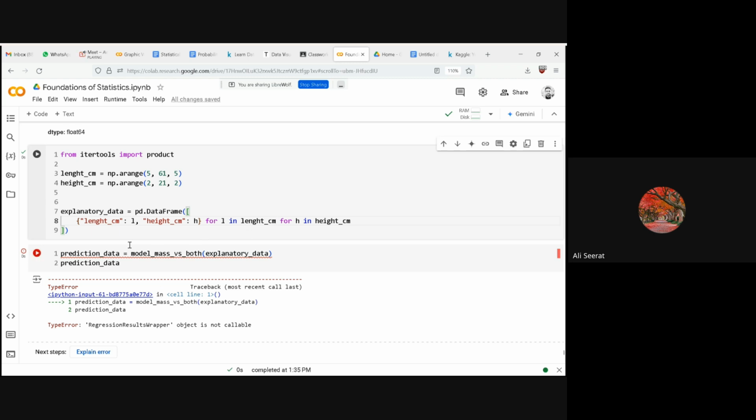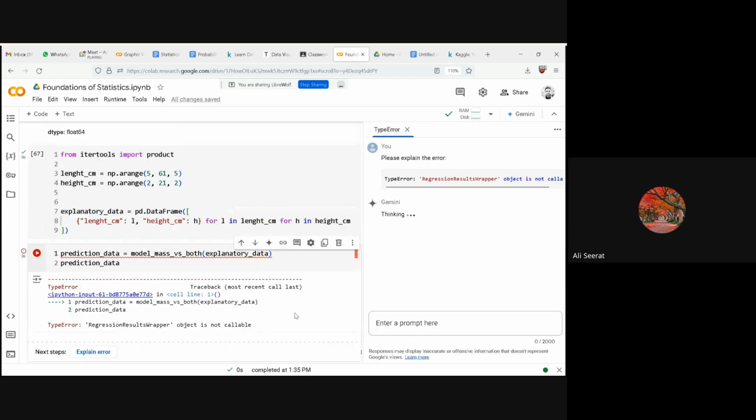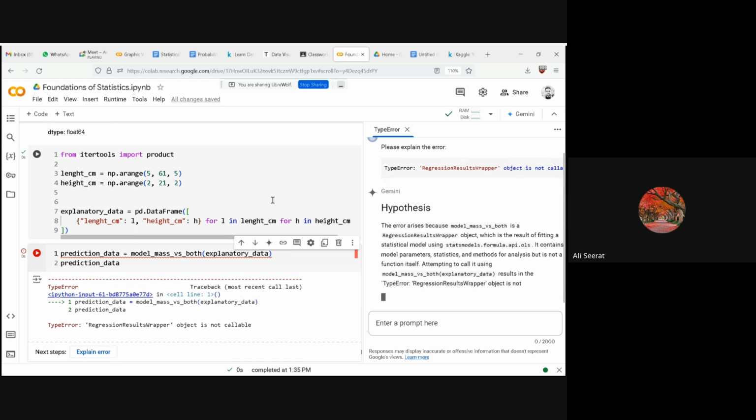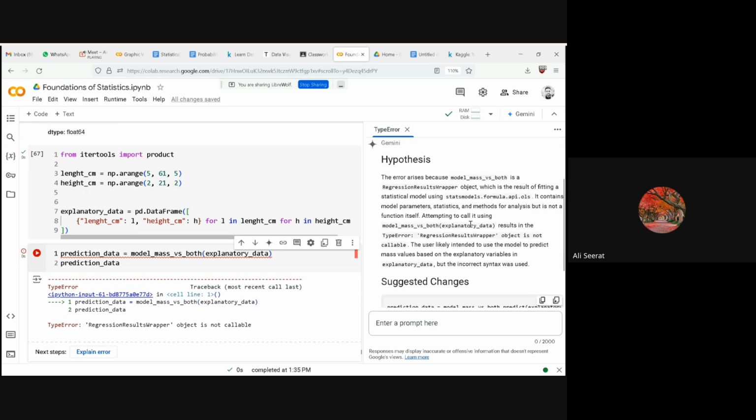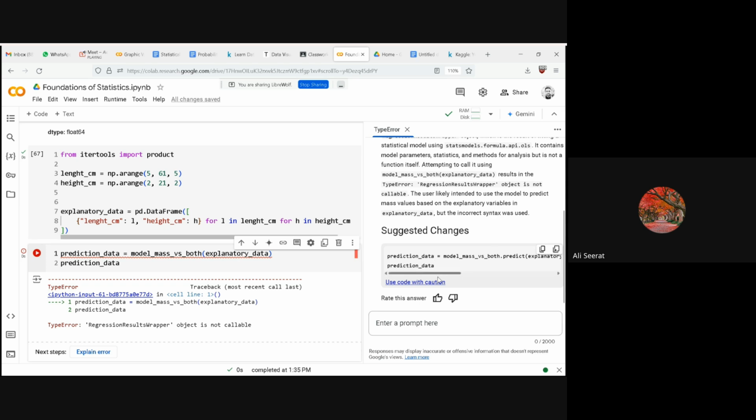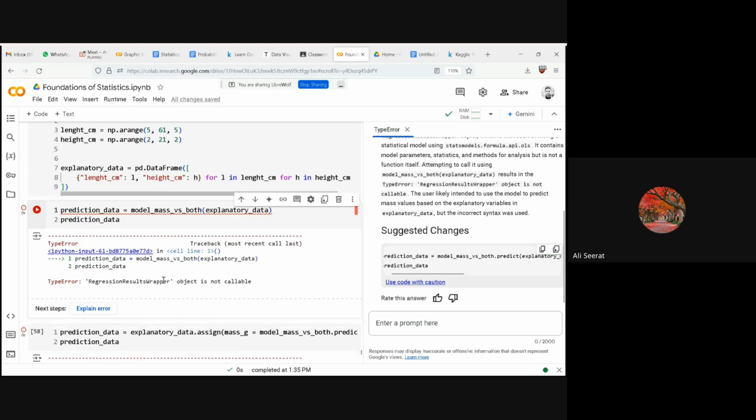The length. That's okay, but it says this object is not wrappable. I just want to know why.